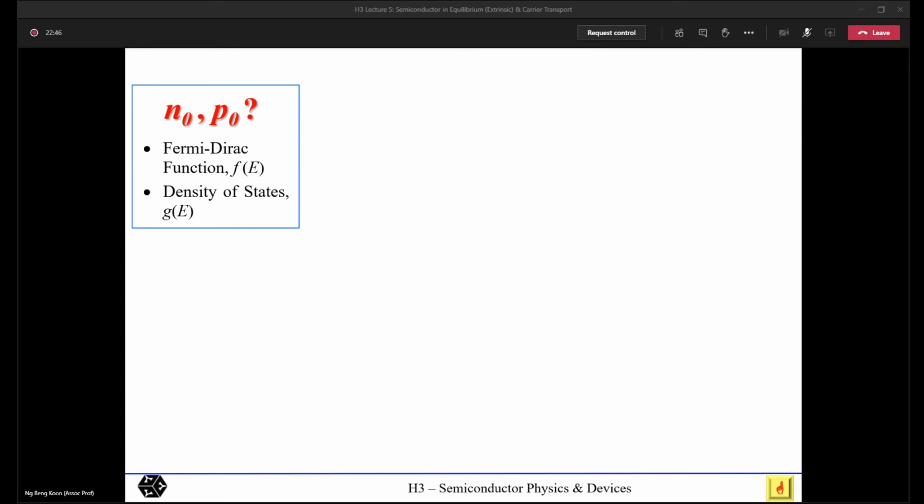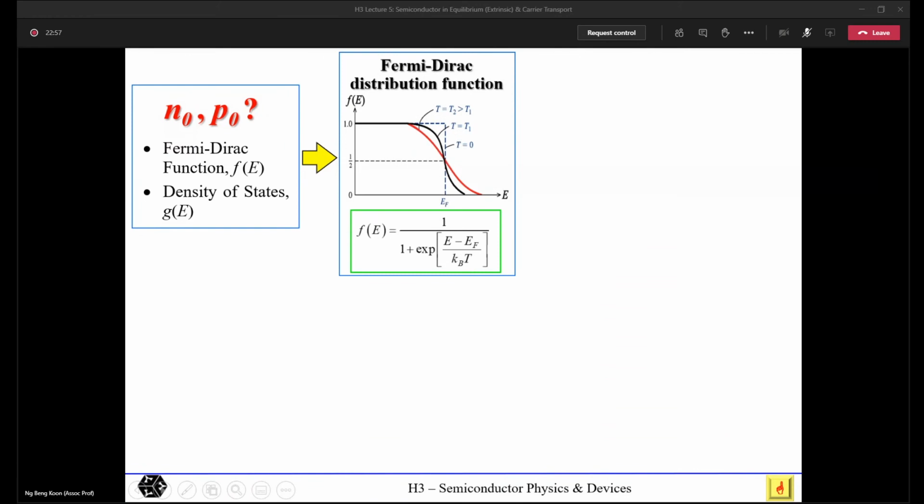This density of states tells us how many states you have at a particular energy level, per unit volume in a semiconductor. The Fermi Dirac distribution function is given by this expression, the reciprocal of 1 plus exponential of E minus EF over kBT. We briefly discussed its properties. At 0 Kelvin, it is a step function.